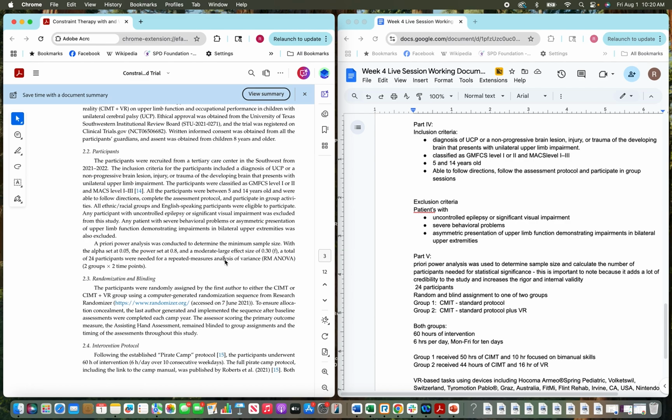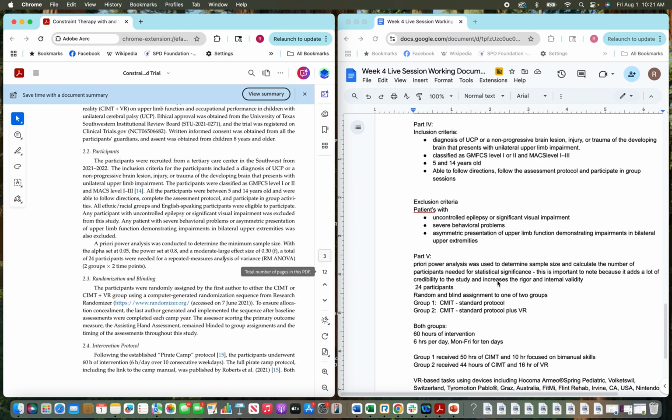So sometimes it's called calculating an effect size. Sometimes you do a priori power analysis. That means you do it beforehand. Well, they did, and they determined that they needed 24. So that's how they come up with the sample size that they used for this study.